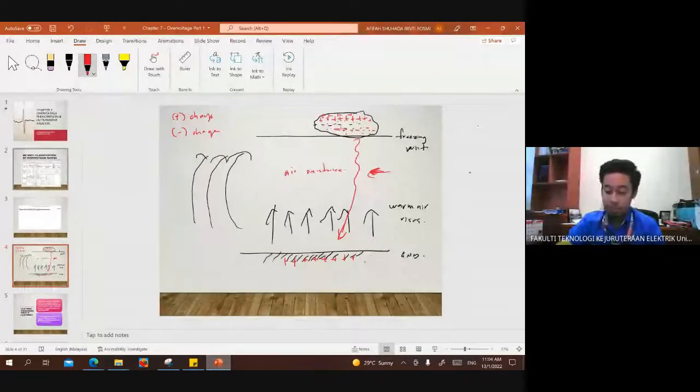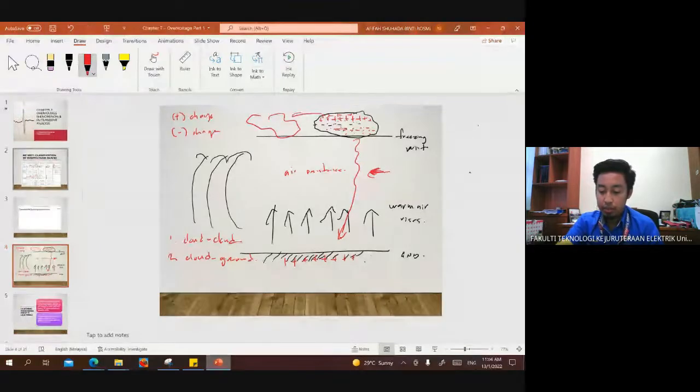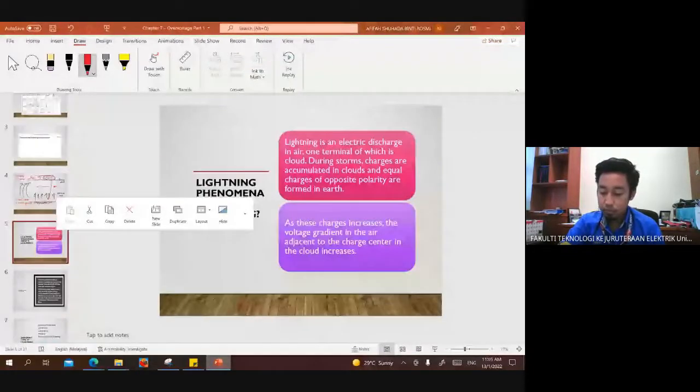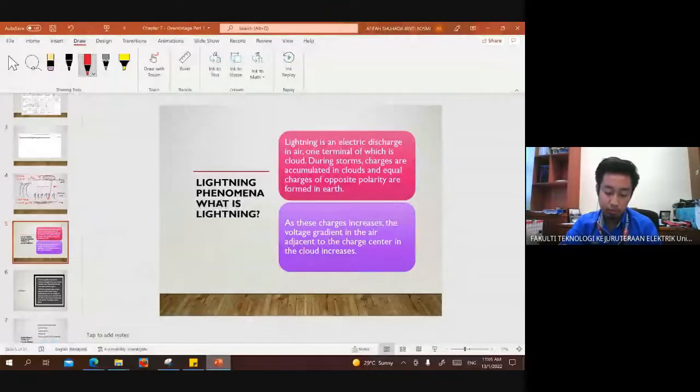The lightning is not produced only from cloud to ground, but also from cloud to cloud, and then another one from cloud to the air. Okay, so you can refer to my slide here.